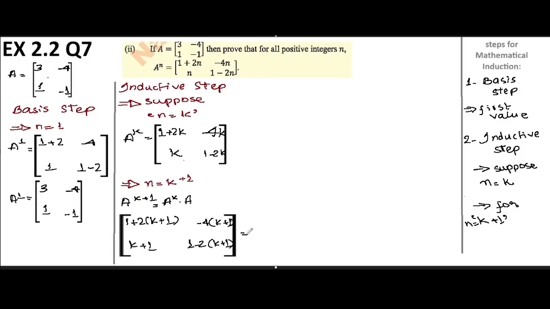Now it is equal to A raised to the power k dot A. So we write the value of A raised to the power k, this whole matrix: 1 plus 2k, minus 4k, k, and 1 minus 2k. This matrix is multiplied with A, which is given over here, and it becomes 3, minus 4, 1, and minus 1.